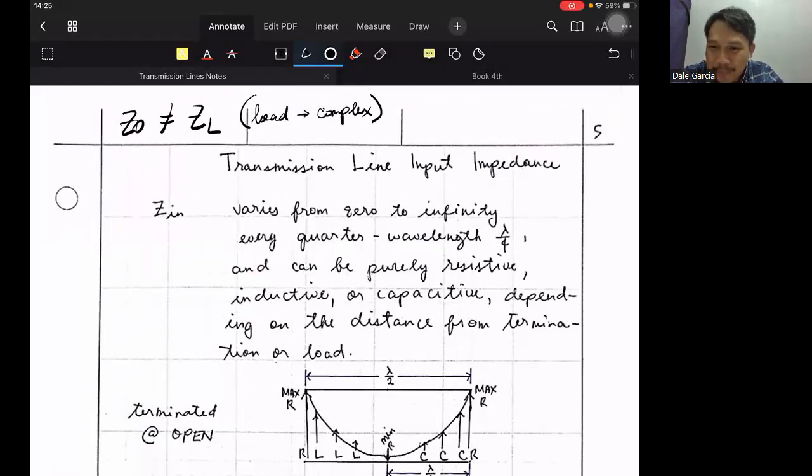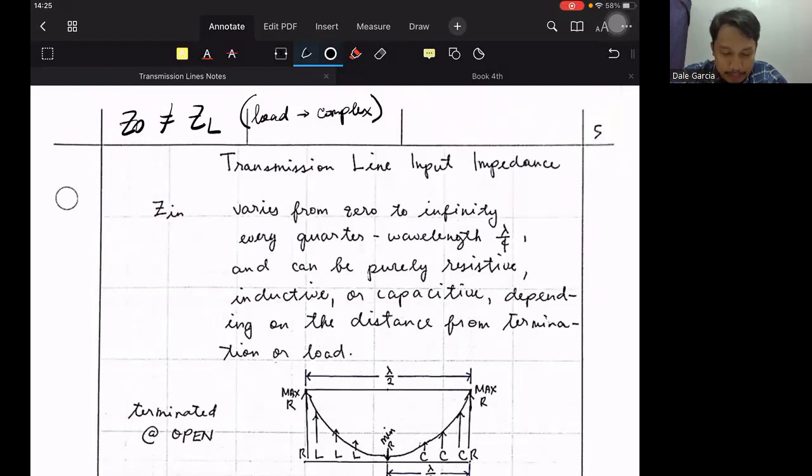Sige, wait lang. Ito ang joke. So, ako to, extreme condition. Extreme conditions siya kung ZL ay open o short.